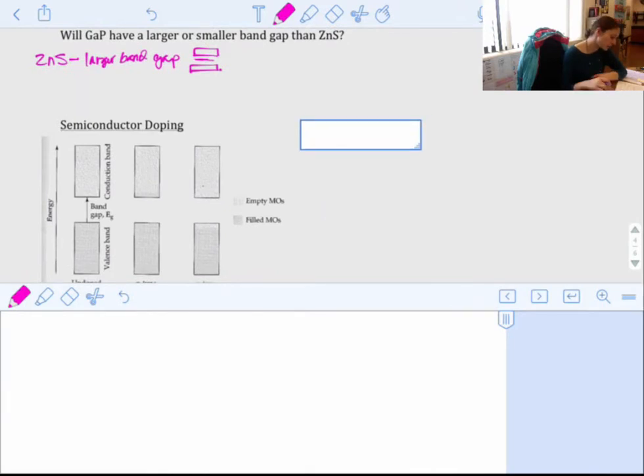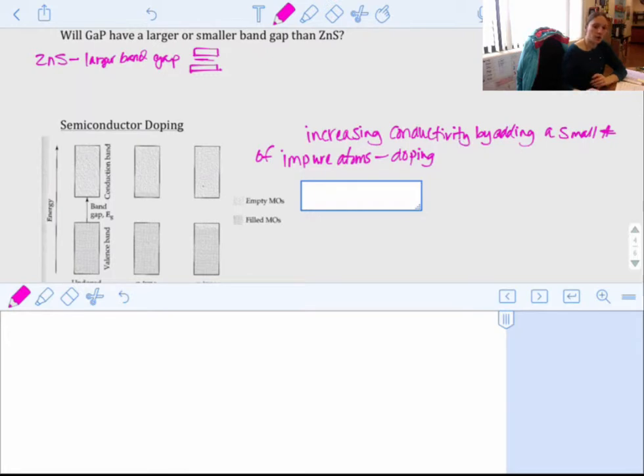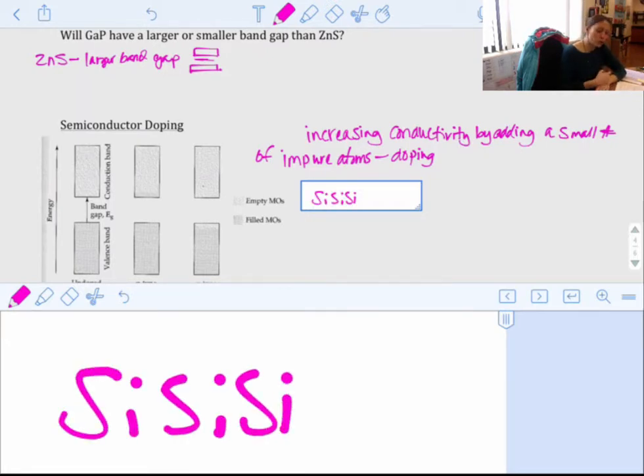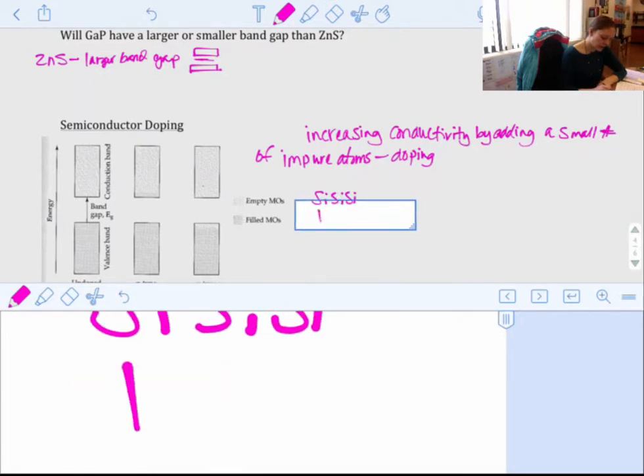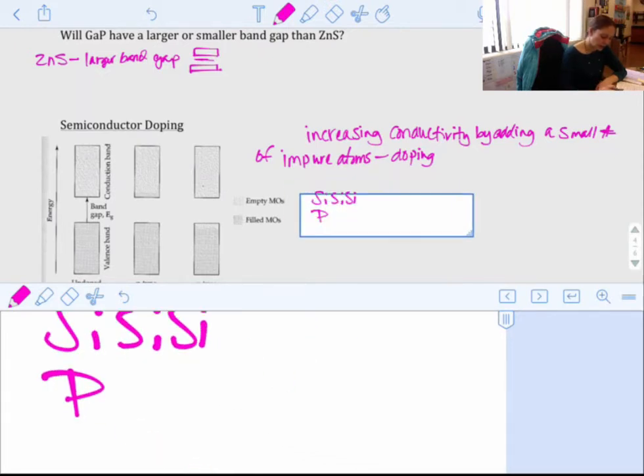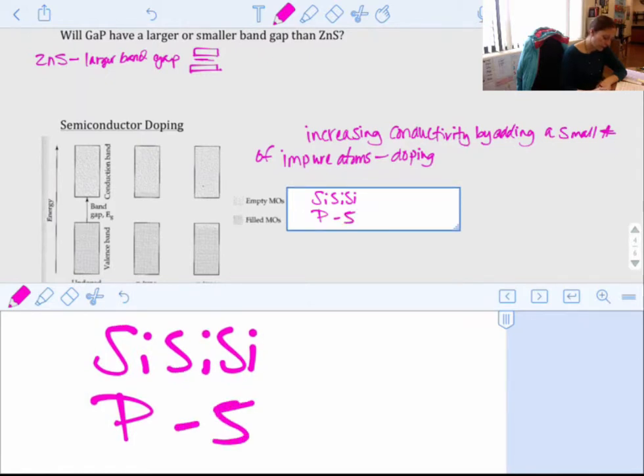Okay, that leads us to what they call doping for semiconductors. You can really influence how conductive a semiconductor is by adding small amounts of an impure substance, and I call that doping. So if I have a crystal of Si, a whole bunch of Si's, you can replace a couple of those Si's with phosphorus. Phosphorus has 5 electrons, while each silicon only has 4.